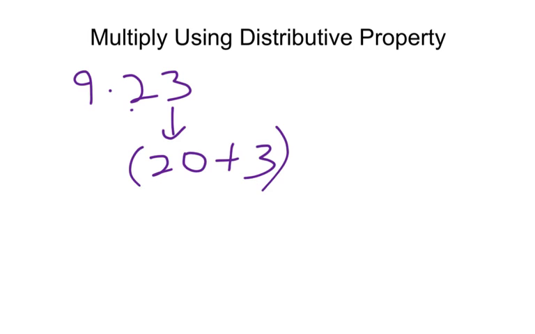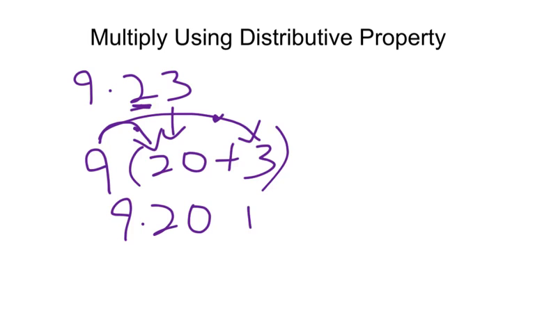So you're making the tens digit, the 2, is 20, and then the ones digit's 3. And then distribute means we're multiplying to both of those numbers. So when I think of 9 times 23, I really think of 9 times 20 plus 9 times 3.